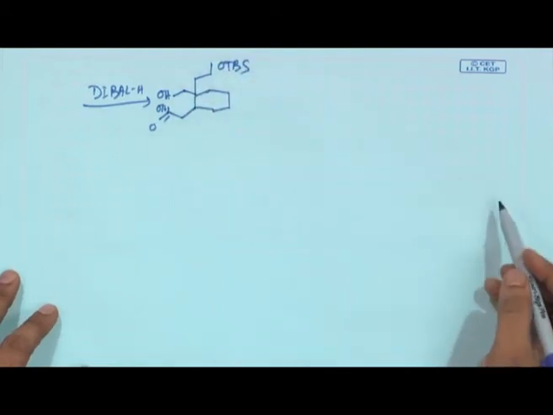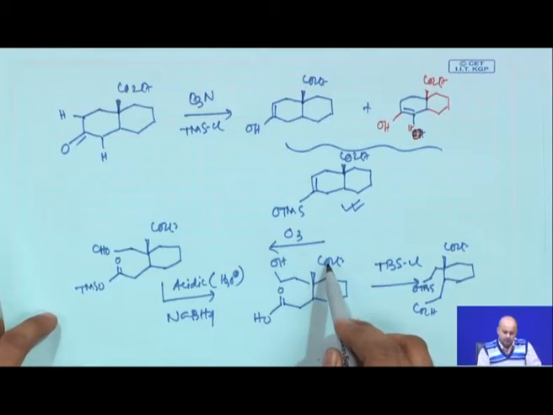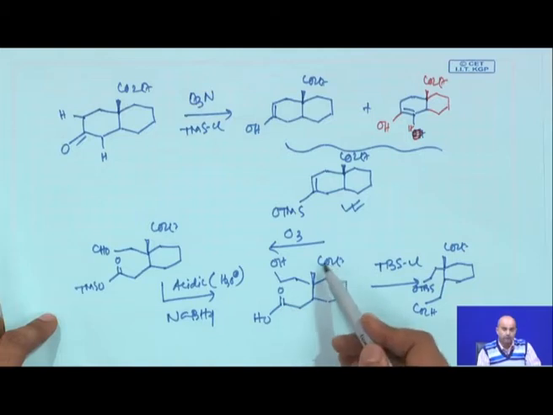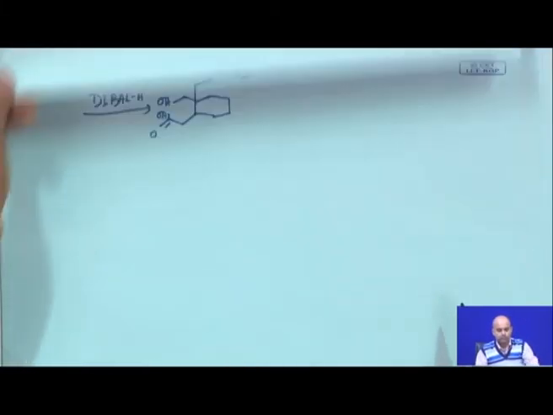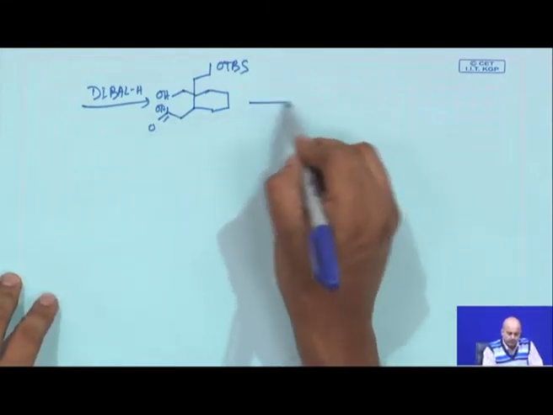Now, if you do not protect and proceed with DIBAL here, that also you can do, then it will give you CH2OH, CH2, CH2OH. Then if you try to lactonize, there are two possibilities: it can give you a six-membered lactone as well as a seven-membered lactone. So, to avoid the regiochemical issues, we did the protection.